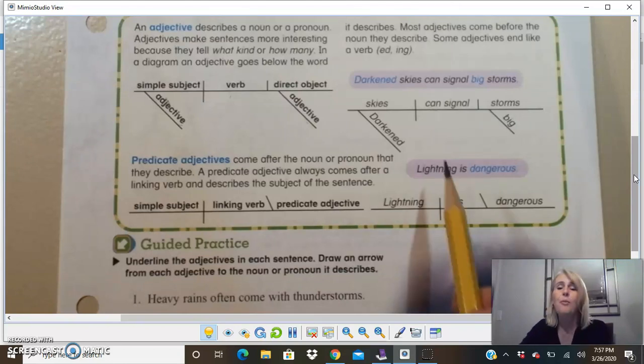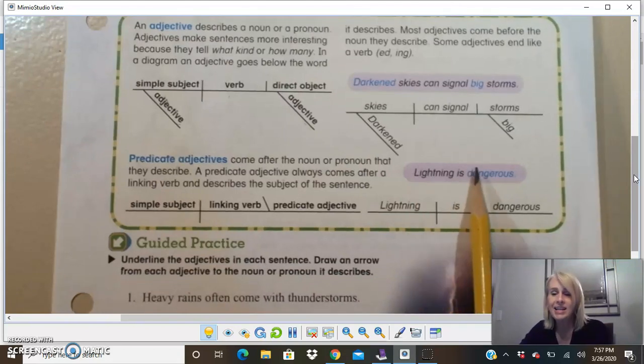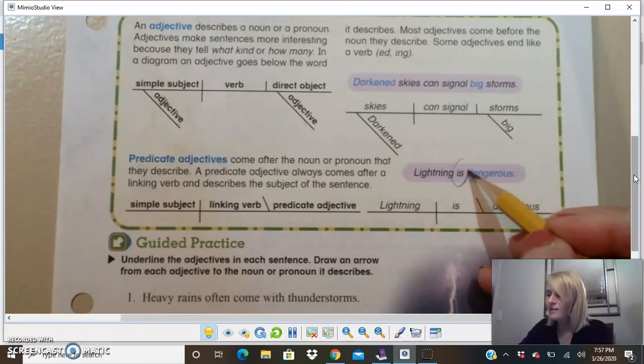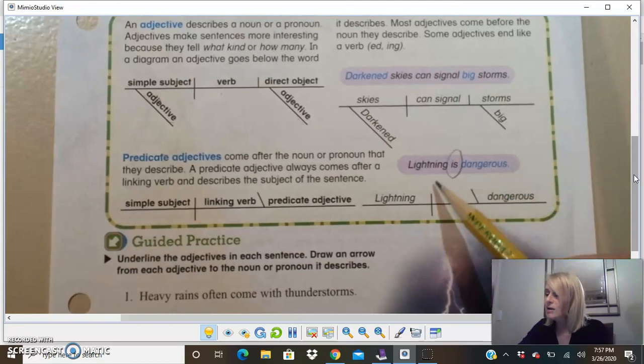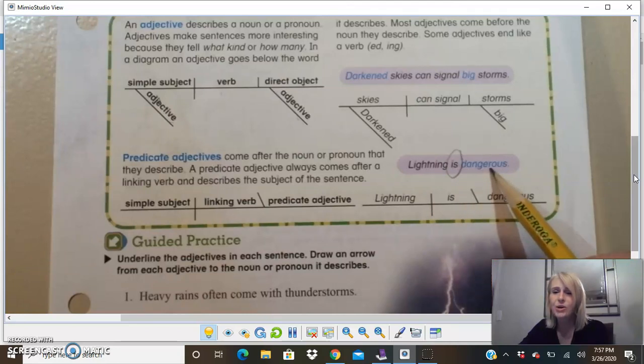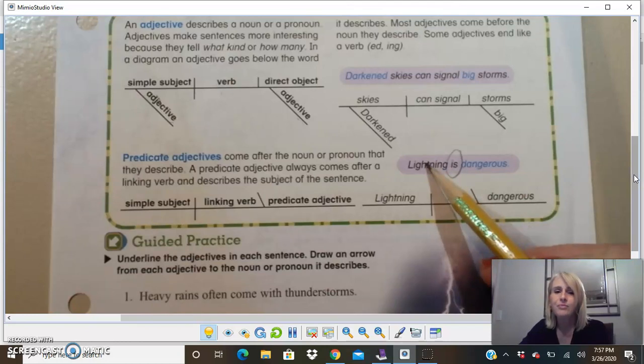Let's look at this example. Lightning is dangerous. See this right here? This is your linking verb, and it's describing the lightning. Lightning is what? Dangerous. So this is the adjective that describes the lightning.